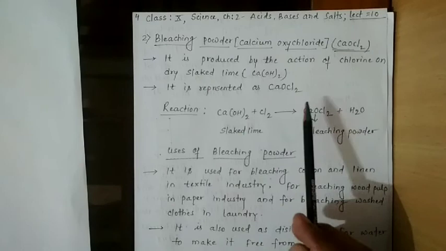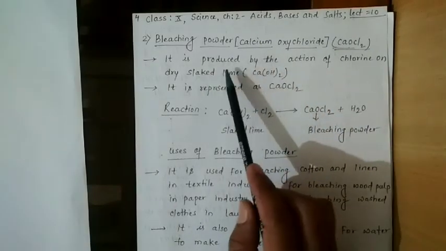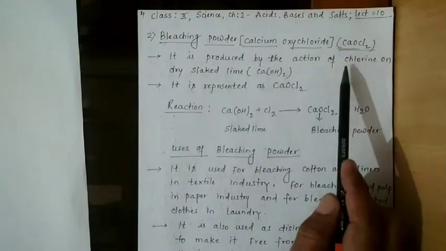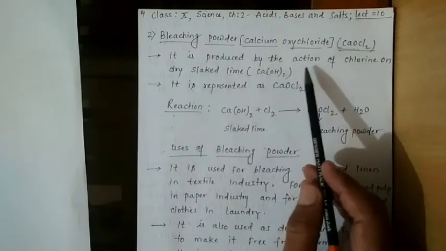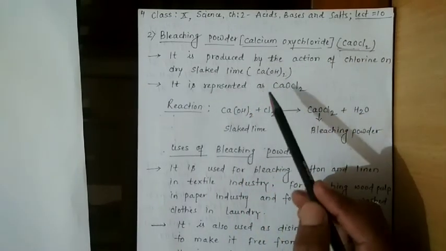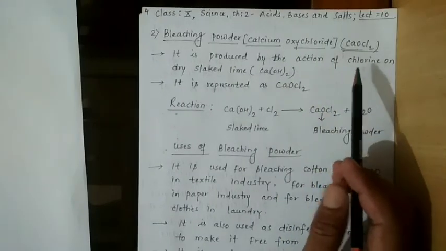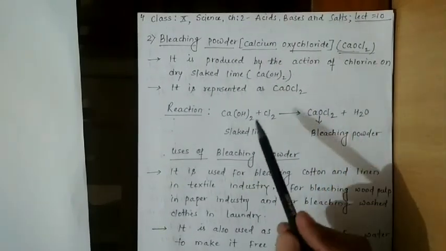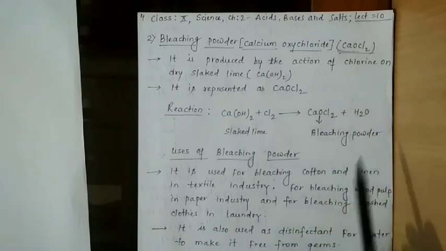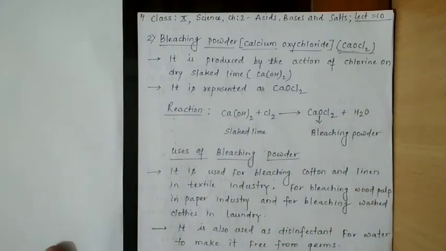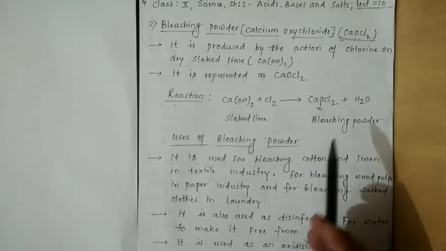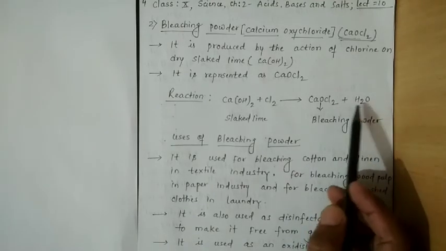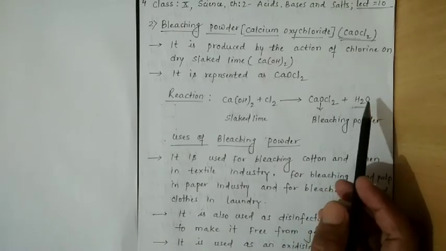So how is it first prepared? It is produced by the action of chlorine on dry slaked lime. Means when chlorine is passed through the slaked lime, then bleaching powder, that is known as calcium oxychloride, is formed and water is formed as its byproduct.